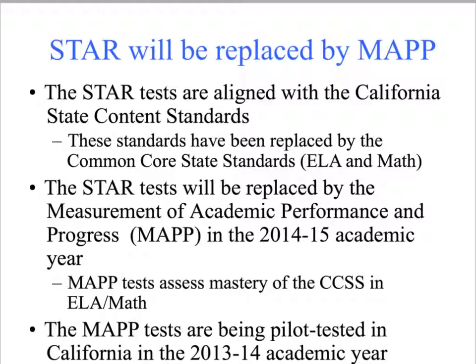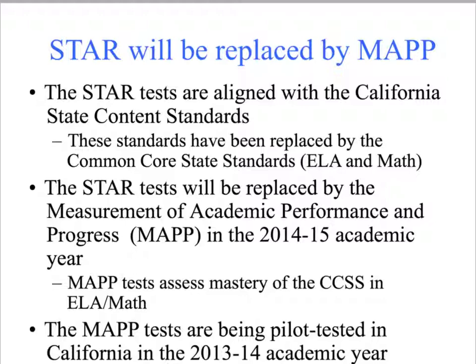So we can't teach the Common Core and then assess student mastery of the Common Core with old tests that are not aligned to the content in the Common Core, because standards-based education requires you to establish the performance goals, teach that content, and then test student mastery of that content. There has to be alignment.